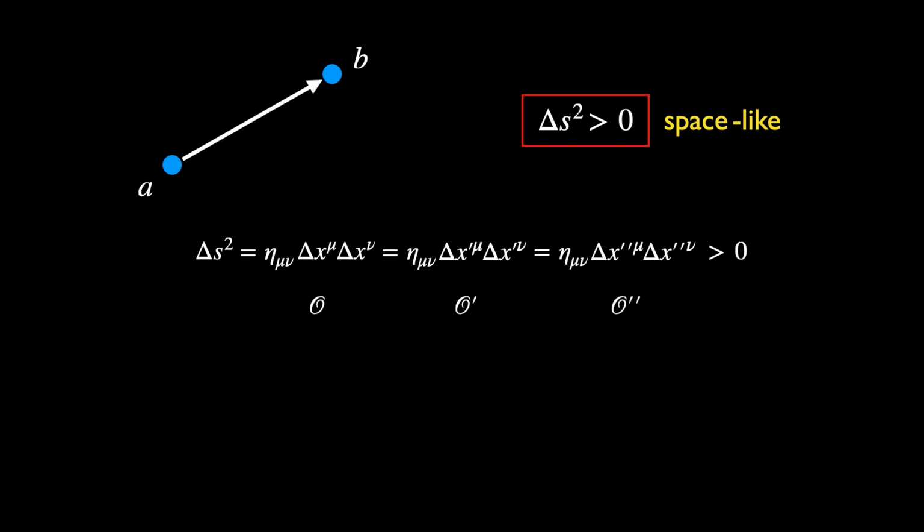Assume that in the frame of O, A and B occur at the same time, delta t equals 0. And so the spacetime distance is entirely due to the spatial part. This is consistent with the fact that the spacetime interval is space-like. We claim that there is a Lorentz transformation between O and O', such that the time interval measured by O' is greater than 0. This means event B occurs after event A.